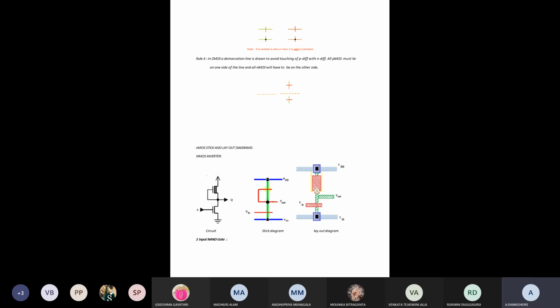So this is a simple and effective stick diagram for an inverter for only NMOS devices.